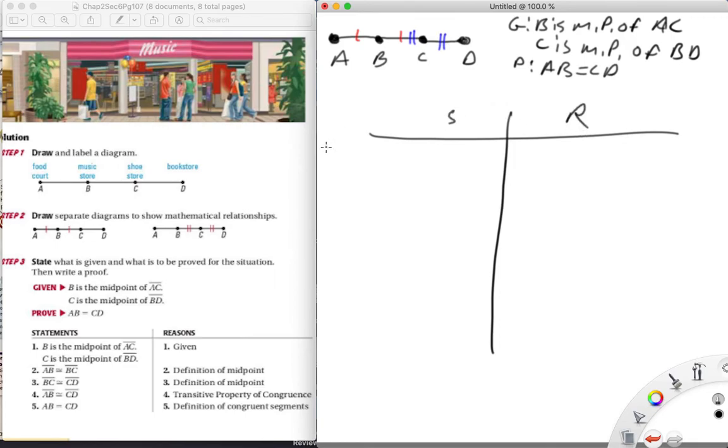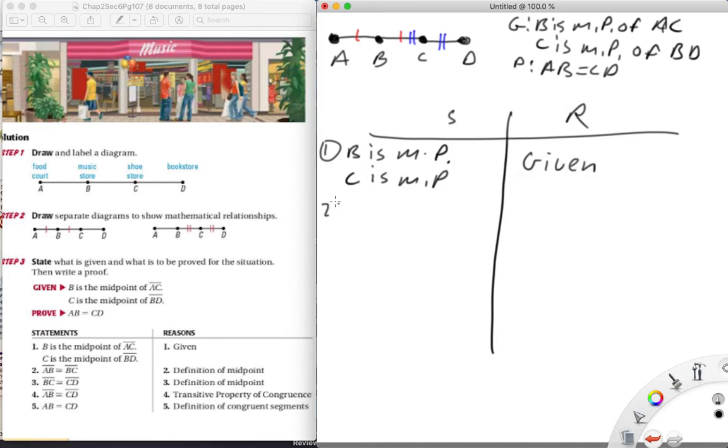First step is our givens. B is midpoint, C is midpoint, and that's given to us. I'm not going to rewrite the whole thing because I already wrote it up there.